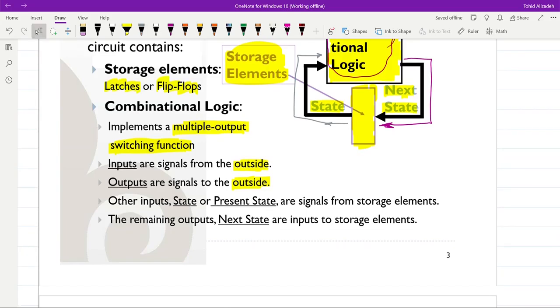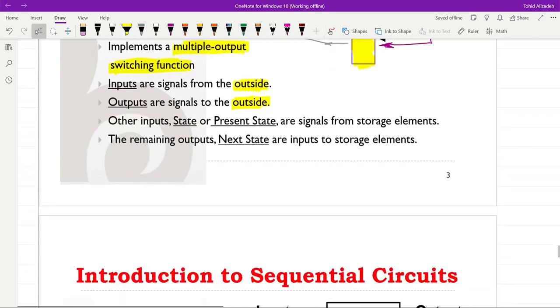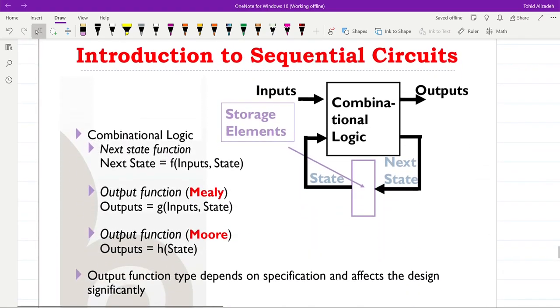So in this way, the sequential circuit will be able to store some information. The next state will be a function of the inputs to the system from the outside and the current state.